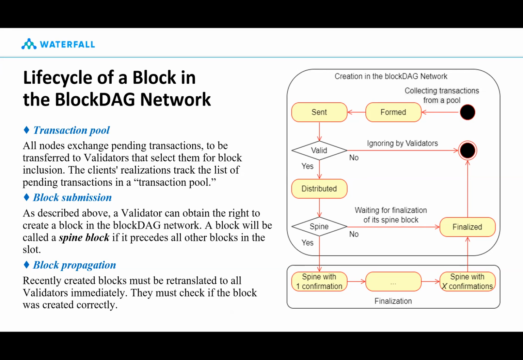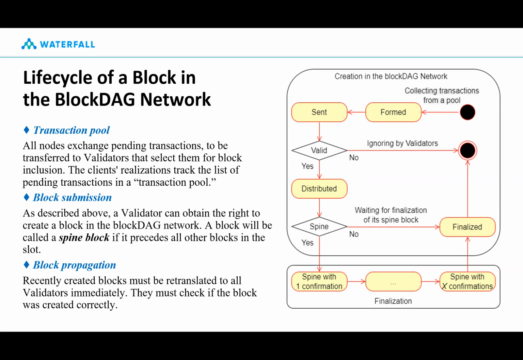The transaction is distributed to all nodes and added to the pools until the transaction hits a block. All nodes exchange pending transactions to be transferred to validators that select them for block inclusion. Whole transaction distribution among peer-to-peer nodes guarantees that all nodes receive the transaction and it will not have to be requested. The next stage is block submission.